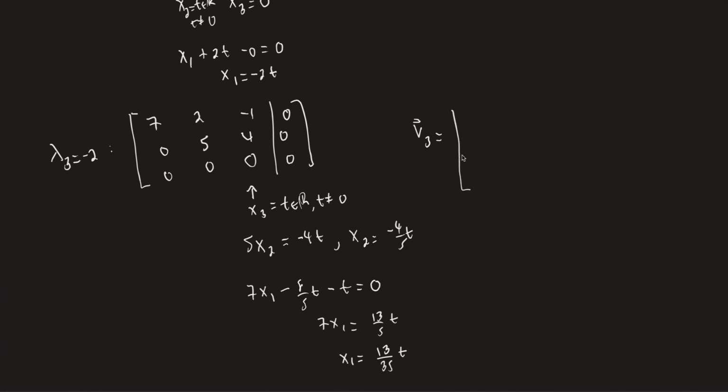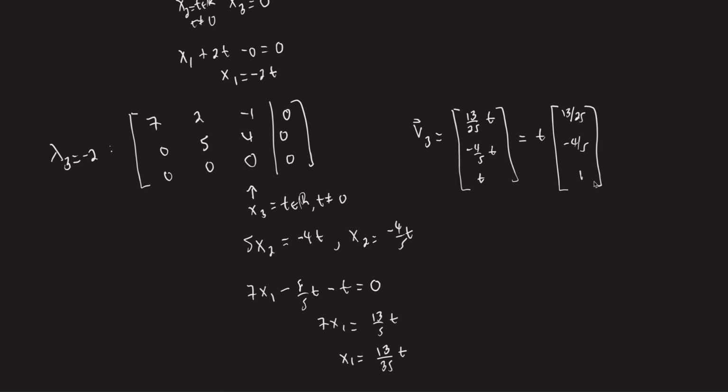It's any vector of the form 13 over 35t, and then negative 4 over 5t, and then t, and then we can take out our t, and here's our basis. So all non-zero scalar multiples of this: 13 over 35, negative 4 over 5, and then 1.